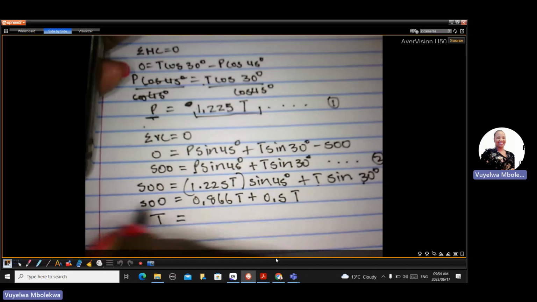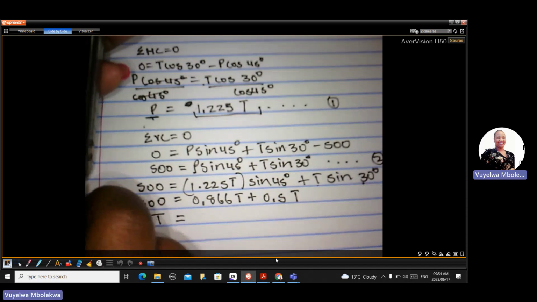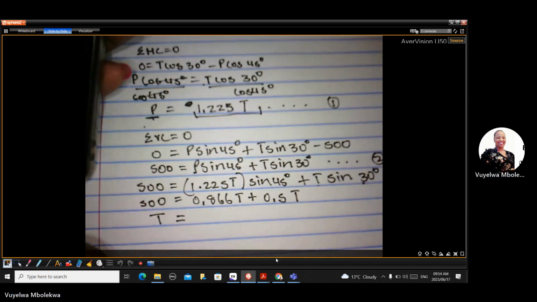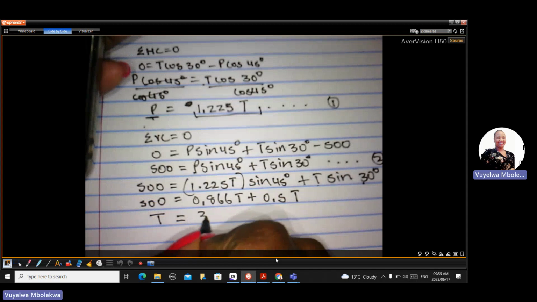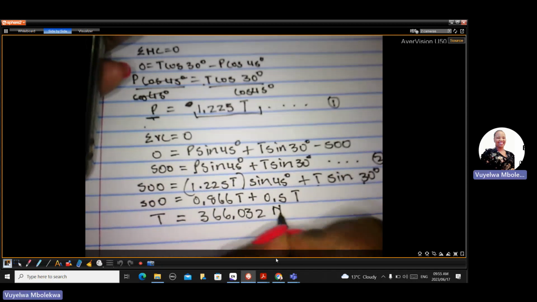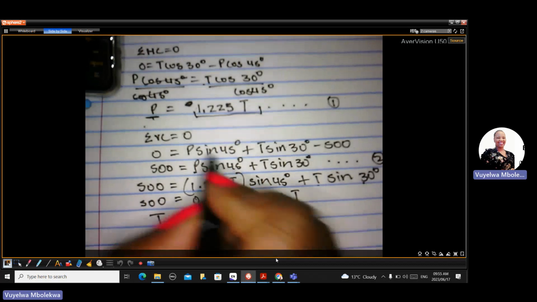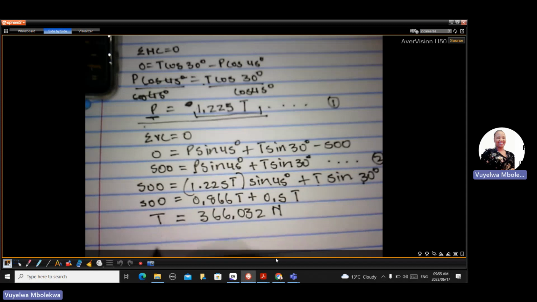T is going to end up as 500 divided by 0.866 plus 0.5. That gives us 366.032 newtons. And then we can go back to that expression to find P.